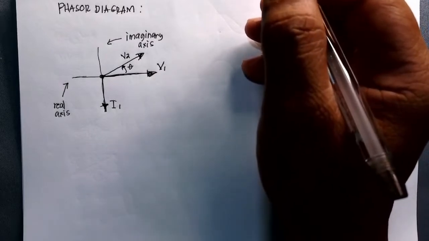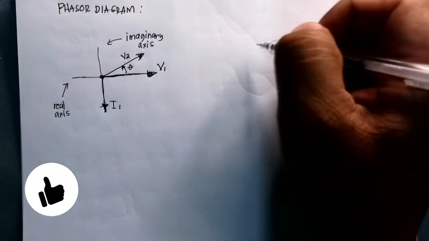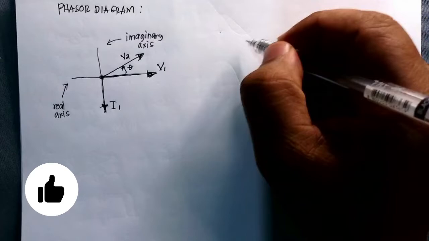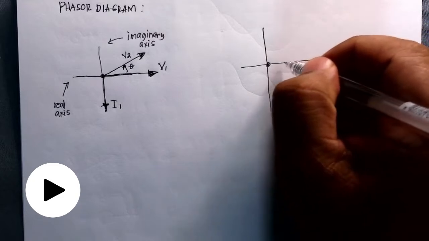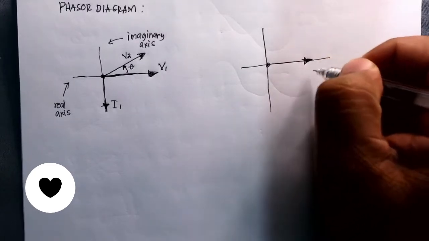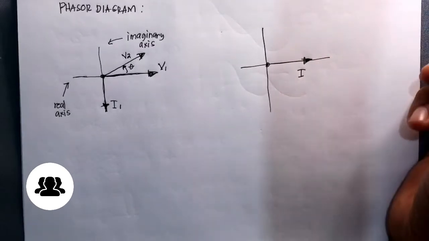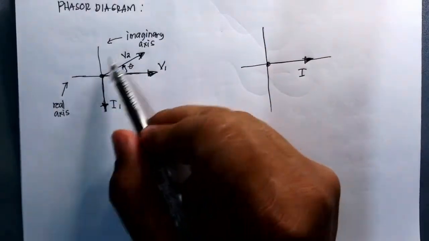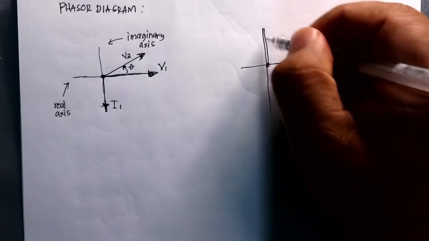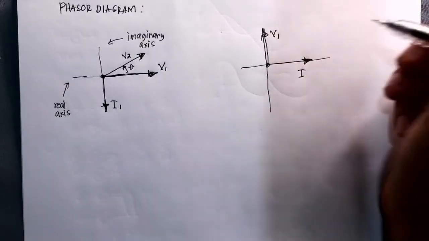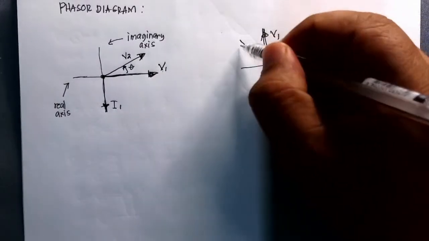This diagram can be rotated also. You can have it like this one. Here is where my I lies on the x axis. I make this my I. Considering this phasor representation, my V sub 1 goes here, and the V sub 2 goes here.